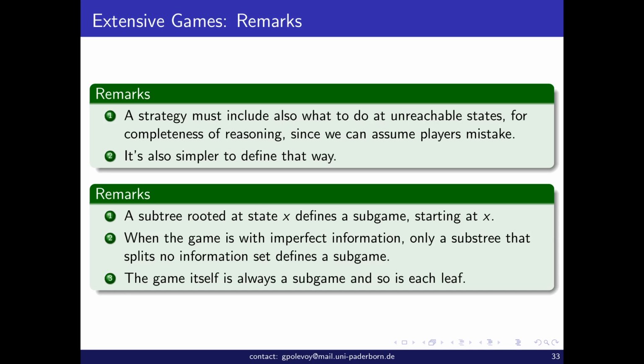And let us now give some interesting remarks about extensive games. First of all, a strategy of a player must include also what to do at an unreachable state. That is, under a given strategy, a player will never reach some state.